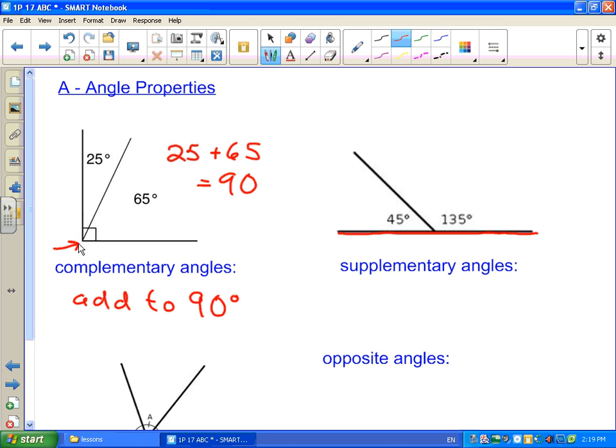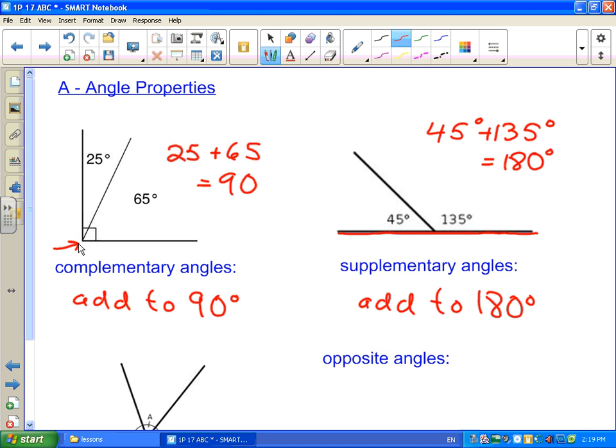And supplementary angles, 2 or 3 angles together that make a straight line, add up to 180 degrees. Okay? Because the straight line is sort of twice as big as this right angle over here. And we can easily check this: if we take 45 degrees, add 135 degrees, we get 180 degrees. Okay? So complementary and supplementary angles.